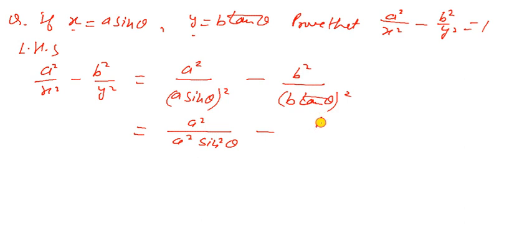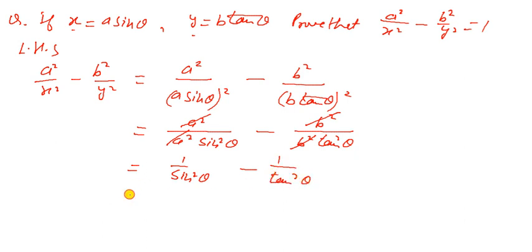So a square upon a square sin square theta, and minus b square upon b square tan square theta. So a square and a square cancel out, and b square and b square cancel out to each other. So we get 1 upon sin square theta minus 1 upon tan square theta.